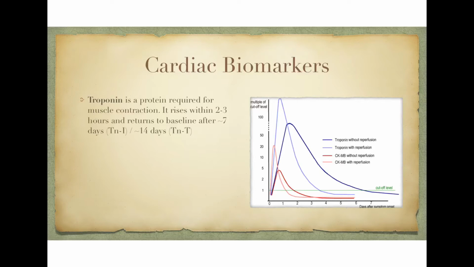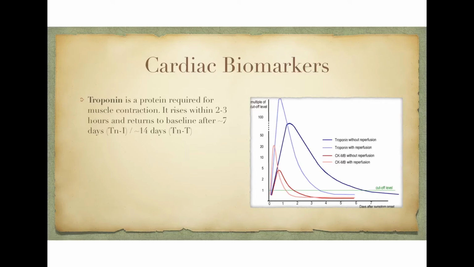So troponin is a protein that occurs naturally in cardiac muscle. It forms along with tropomyosin onto the filaments that are responsible for myocardial contraction.